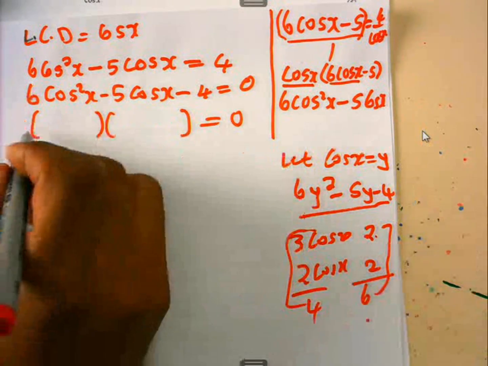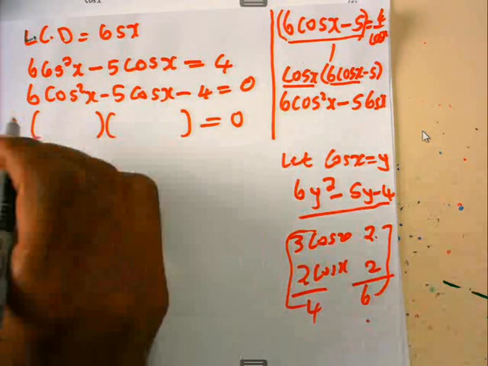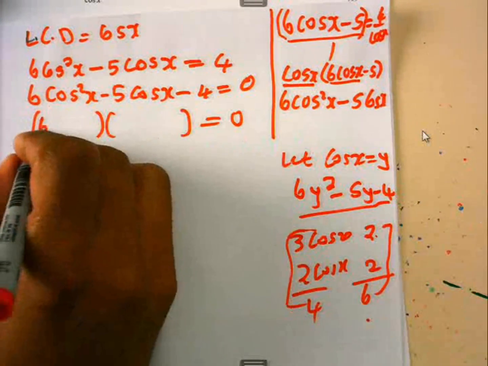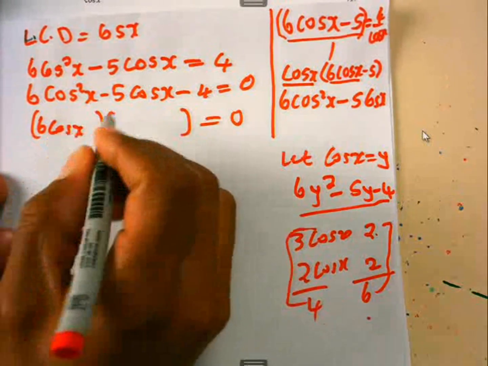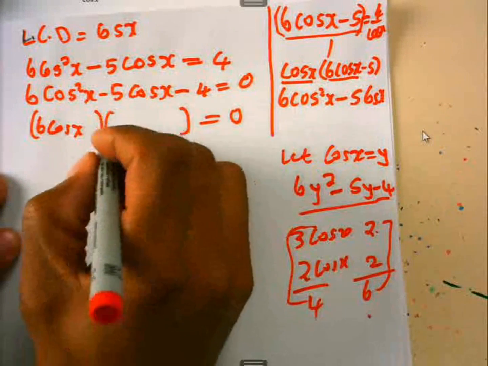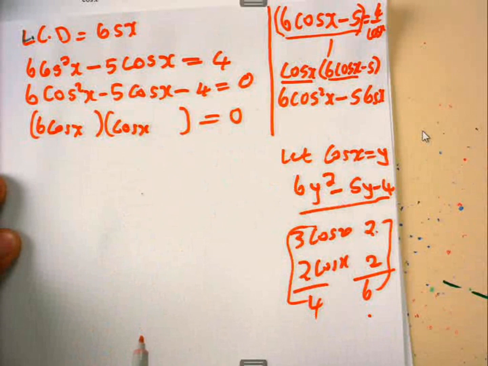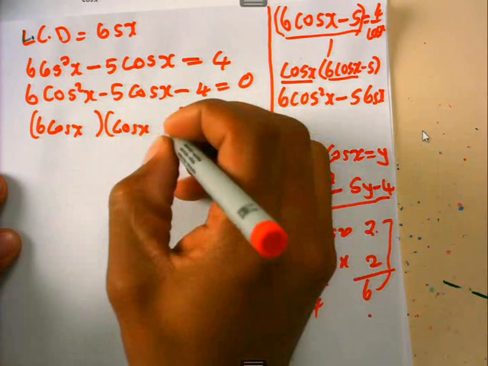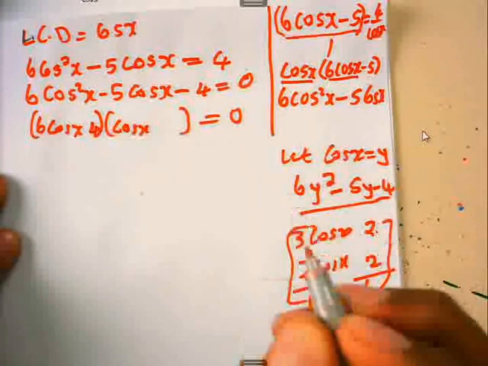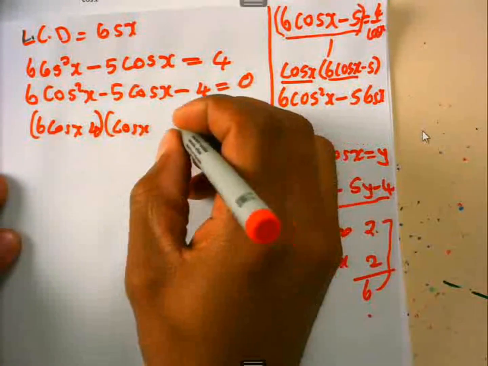Now we have 6 cos x multiplied by cos x on this side, and the other one we have 4 on this side, and also we have 1.